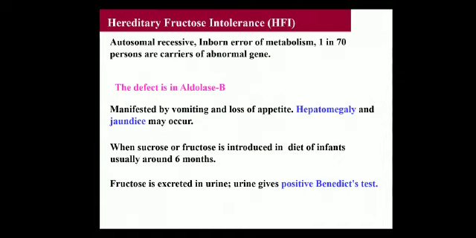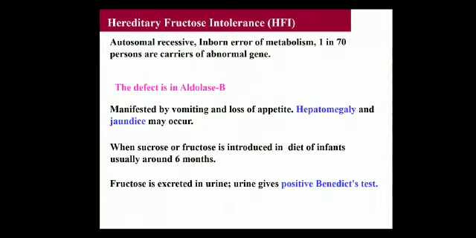Then there is hereditary fructose intolerance. This is an autosomal recessive disorder associated with inborn error of metabolism. Incidence is 1 in 70 persons. This is due to an abnormal gene. The defect is in the aldolase B enzyme, as you can observe in the fructose metabolism reactions. There will be vomiting and loss of appetite.